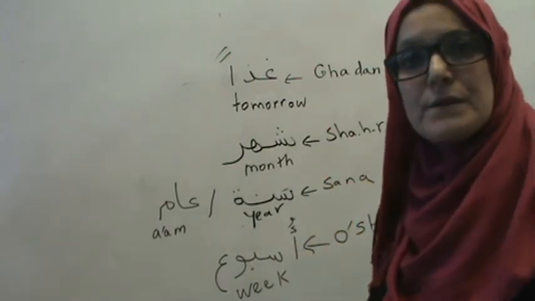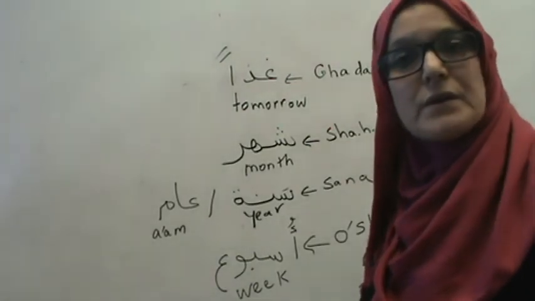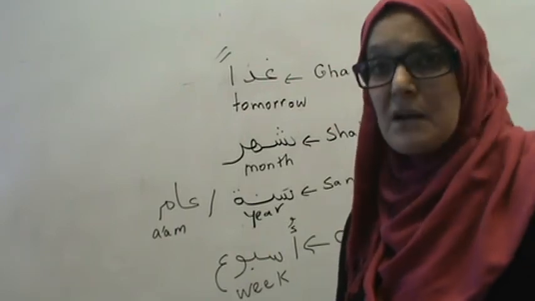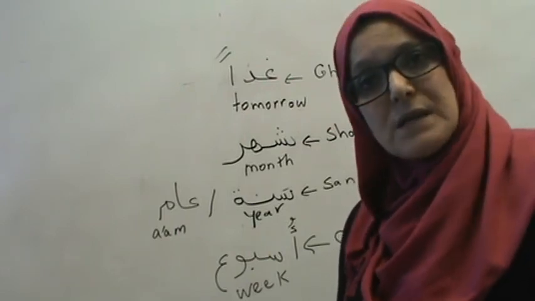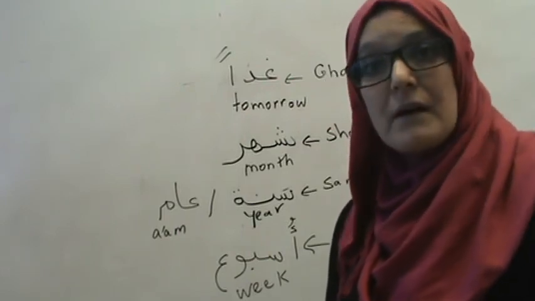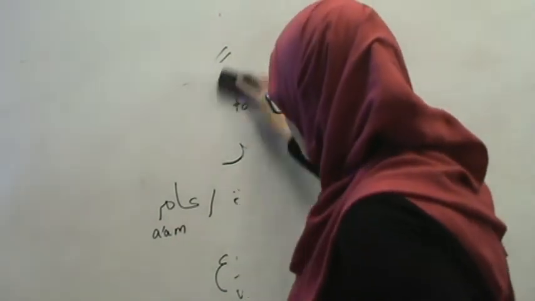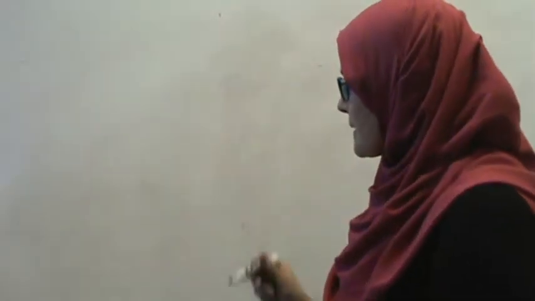Now I am going to talk about the structure of how to say next week, next month, last week, last month. Usually I start with next week, and then I go to next month, and then next year.